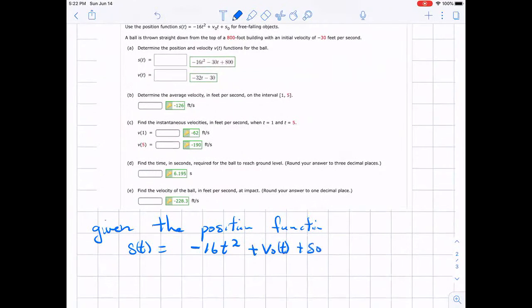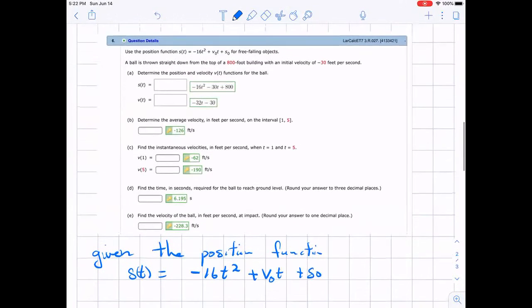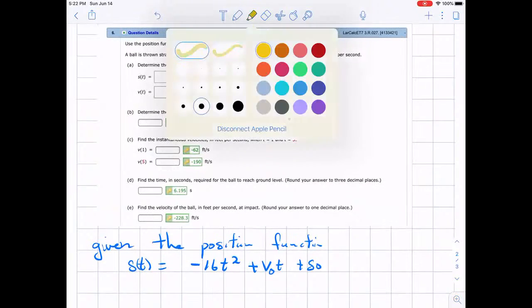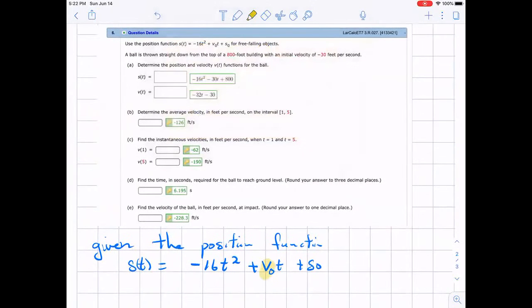Your function, the t wasn't in parentheses, so I'll leave it as is. Now, in the position function, the v0 here is the velocity at 0, and s0 is the position at time 0.